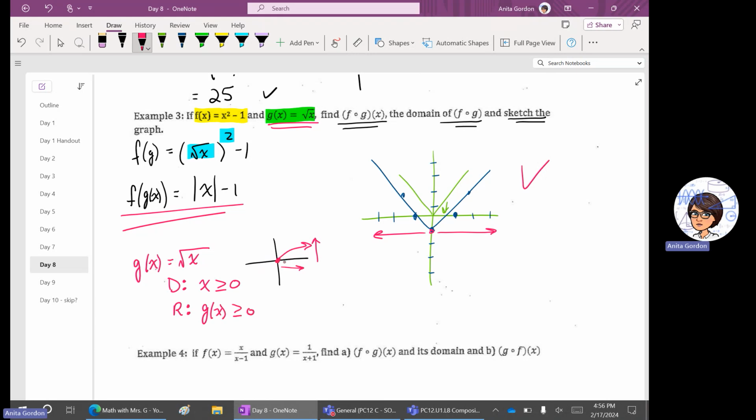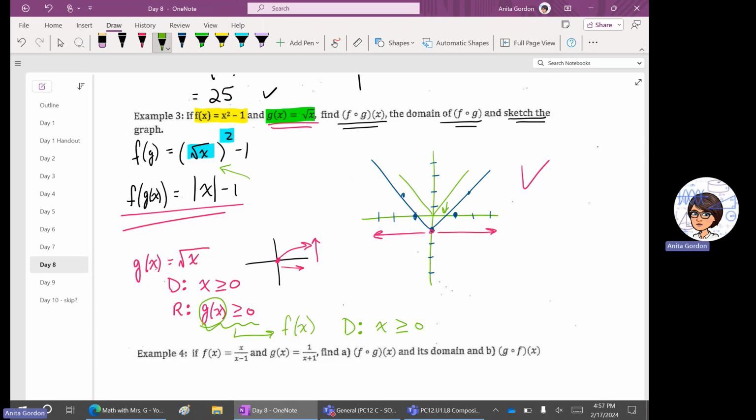It starts here and goes up and to the right. So the g of x's have to be greater than or equal to 0. We are taking the g of x's and putting them inside f. So when we put it inside the f function, we only are able to have a domain where x is greater than or equal to 0 as well.